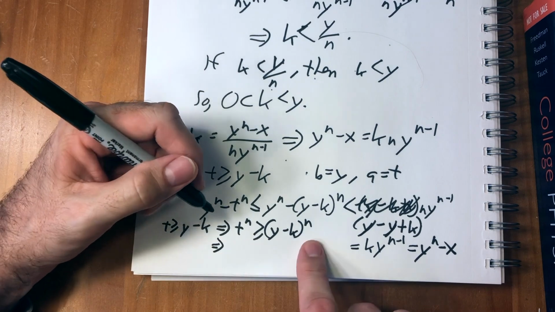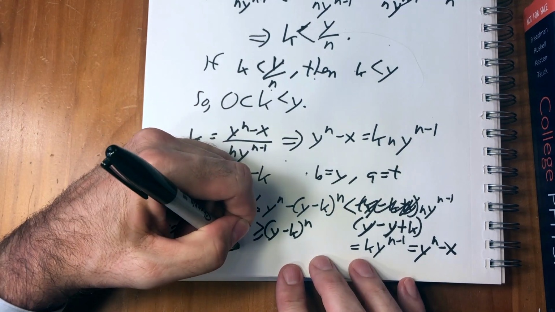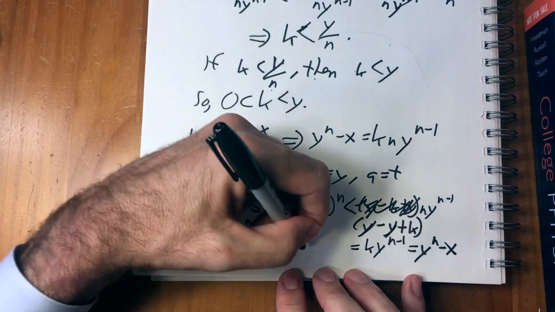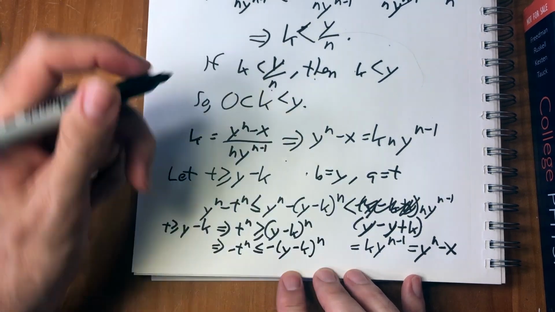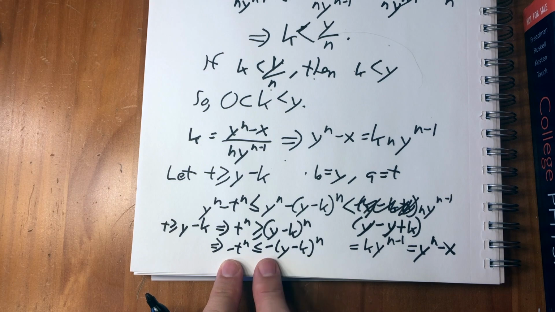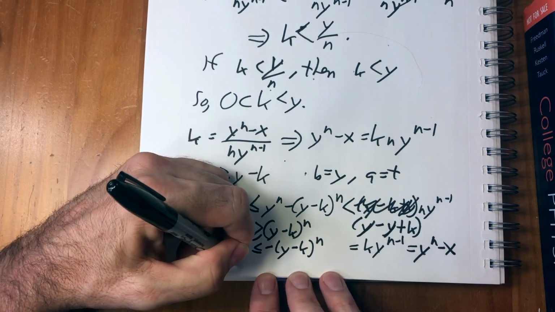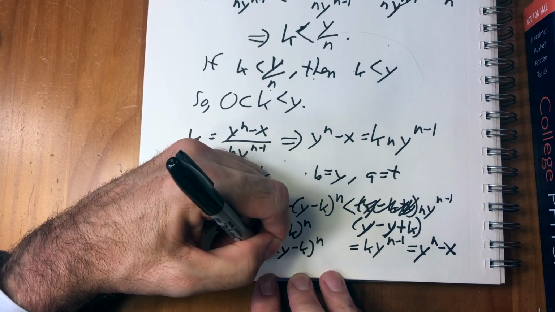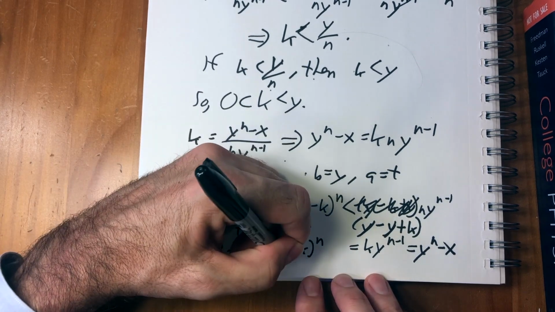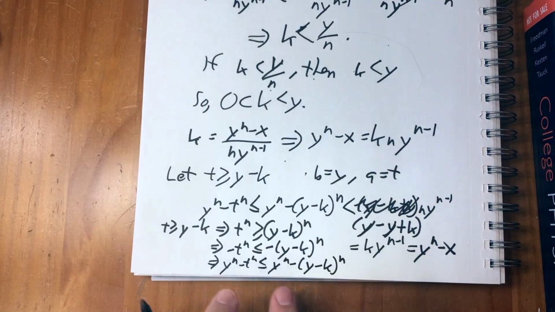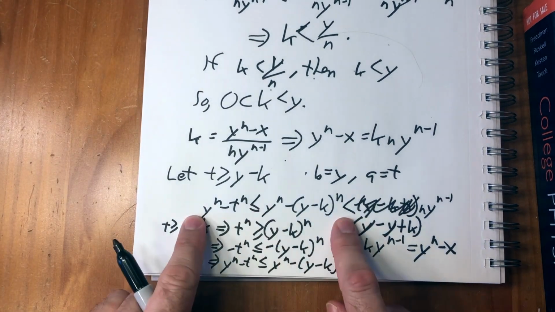That implies, if we multiplied both sides by minus 1, we would have that minus t to the n is less than or equal to minus (y minus k) to the n. Then if we just add y to the n to both sides, we have y to the n minus t to the n is less than or equal to y to the n minus (y minus k) to the n, okay? And that was what we had here.